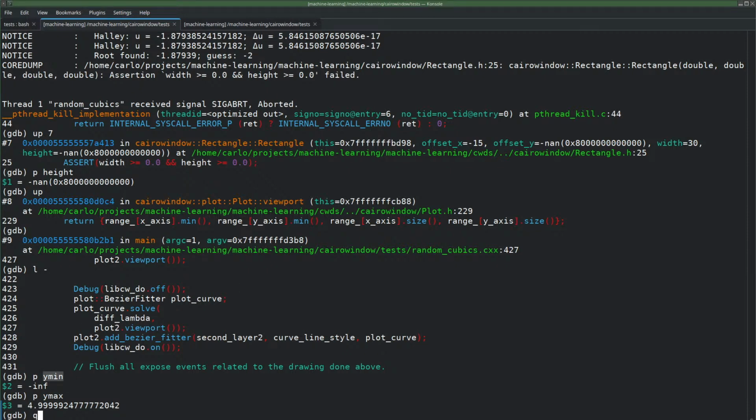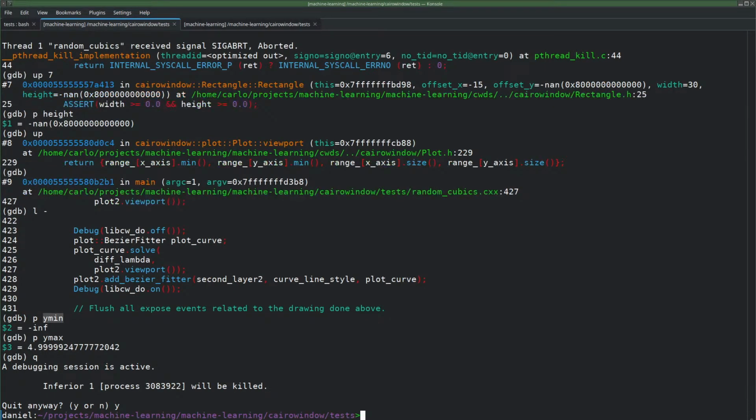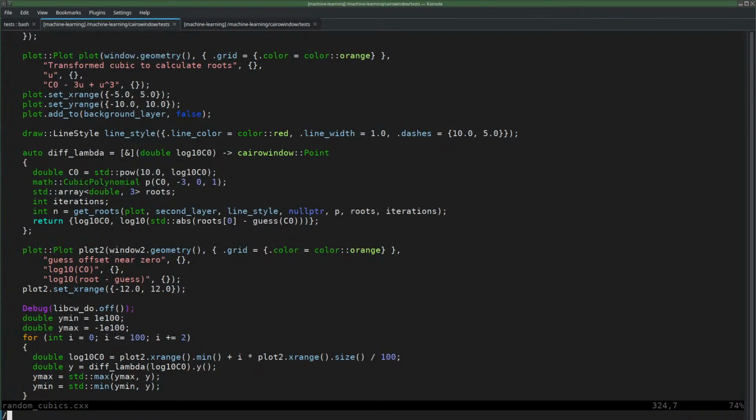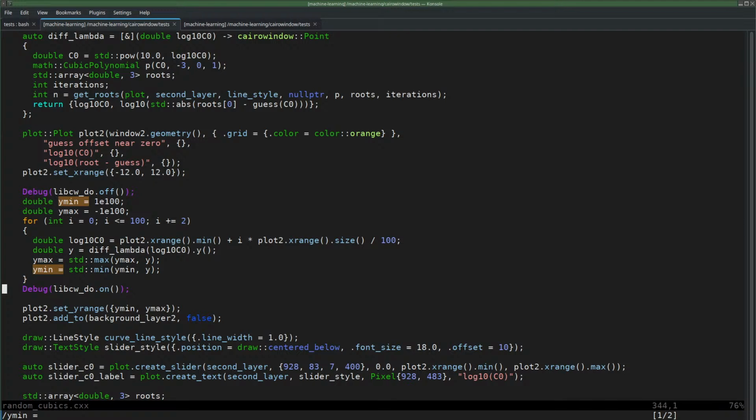Y min. Where exactly should I get the minus infinity? And that should happen if y is 0, right?